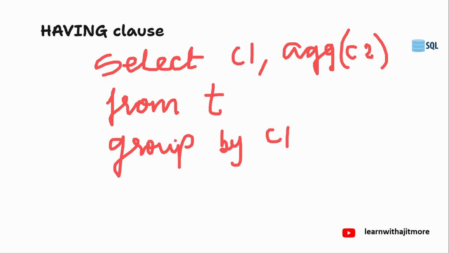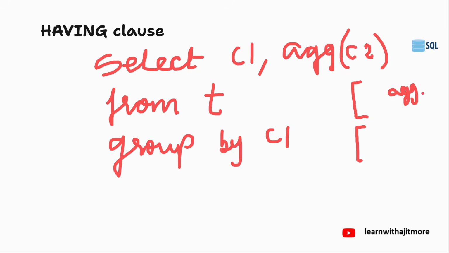So if this much query I run, what I'll get is, for each similar value in column 1, the aggregate is applied, right? As many similar values are there in column 1, that many groups are created, and on each group we apply aggregate, and for each aggregate you get the output.